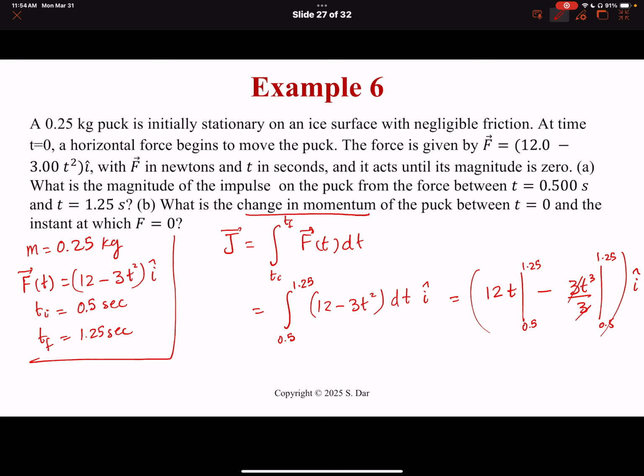3 cancels out. Apply the limits. Impulse is equal to 12 times (1.25 minus 0.5) minus (1.25 cubed minus 0.5 cubed), and then remember, whole thing multiplied by i hat.